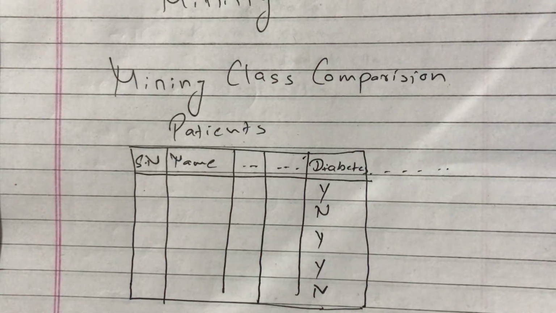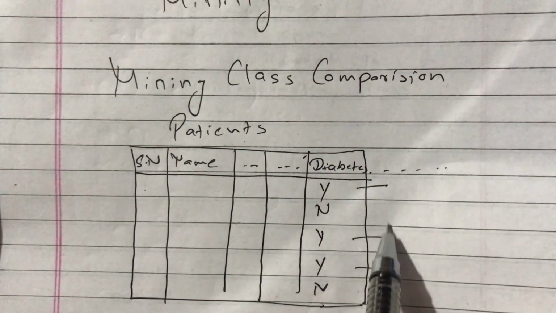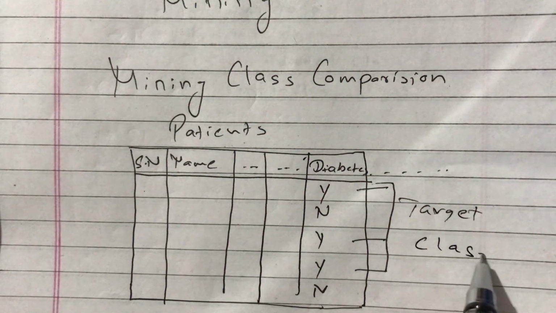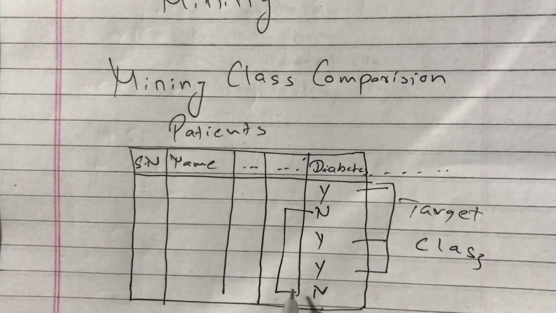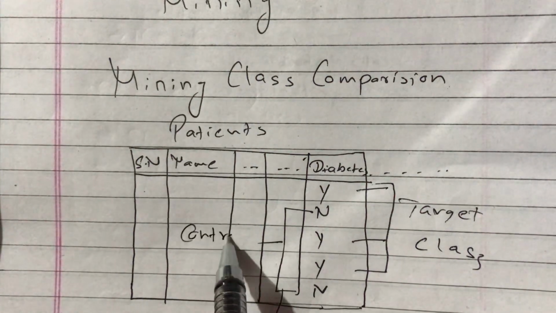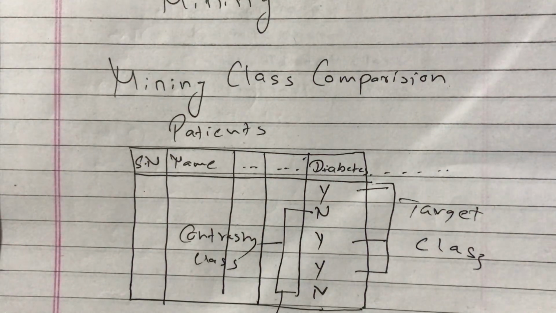So you can select all the patients who have diabetes as your target class, and those patients who do not have diabetes is your contrasting class. The target class is the class whose features you want to explore further, and the contrasting class is the one whose features are opposite to the target class.